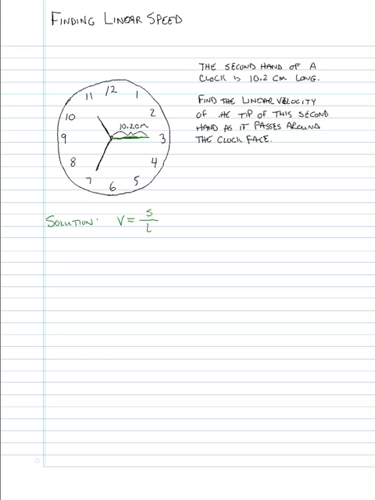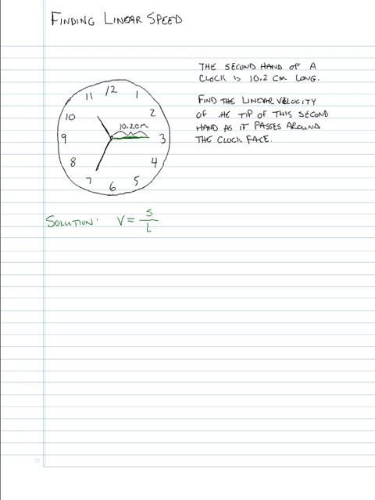So we can come up with a time, and we can come up with an arc length traveling all the way around. But we have to be a little careful about this arc length, because as that second hand travels around, the tip is drawing a circle. And so the radius of that circle is 10.2 centimeters, isn't it?